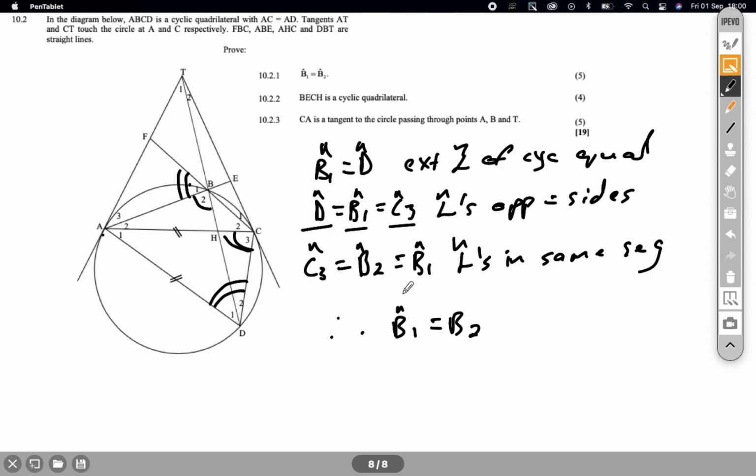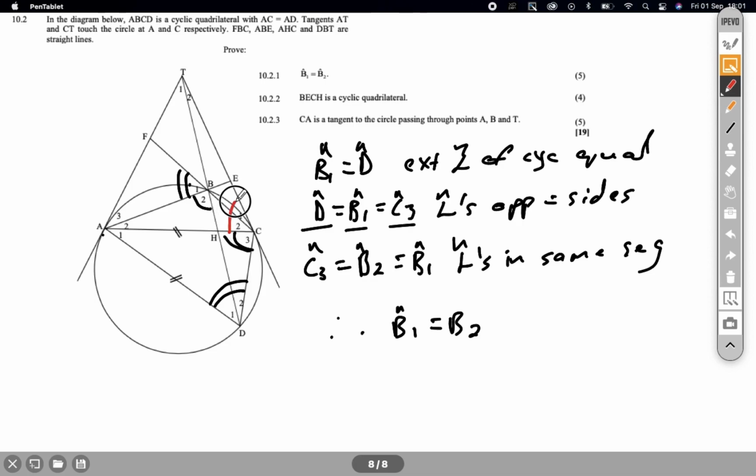Okay, now we must prove that BECH is a cyclic quad. So we must imagine a circle around here. Okay, and then if we imagine a circle, so this angle, the whole angle C, let me use another color.